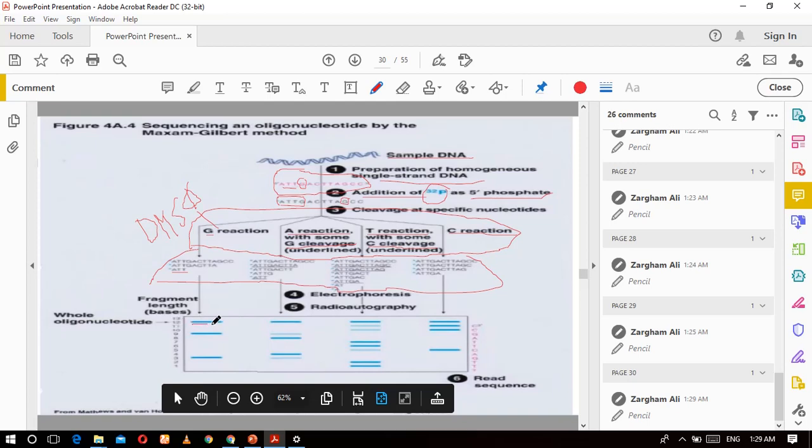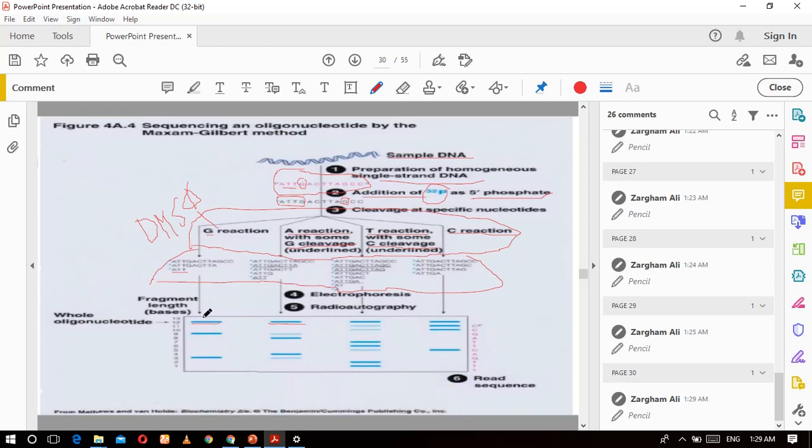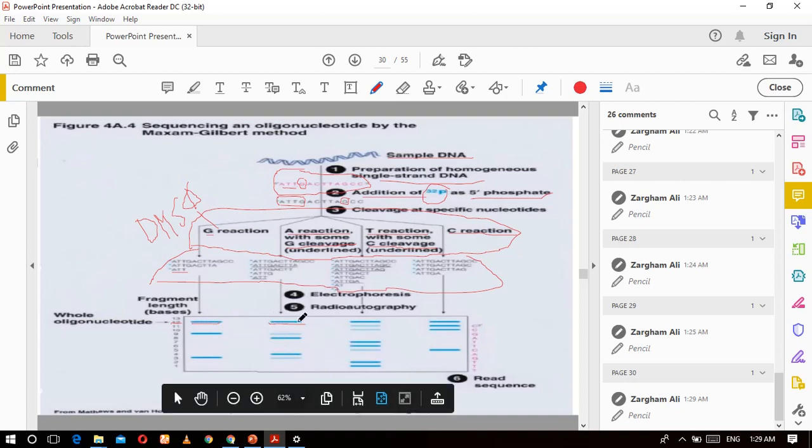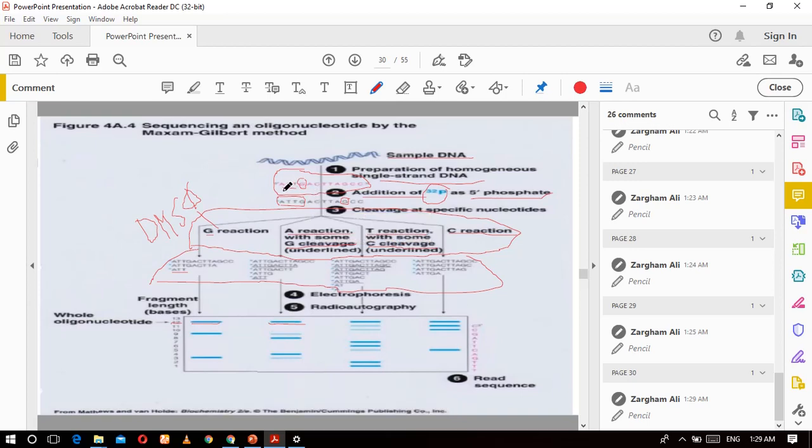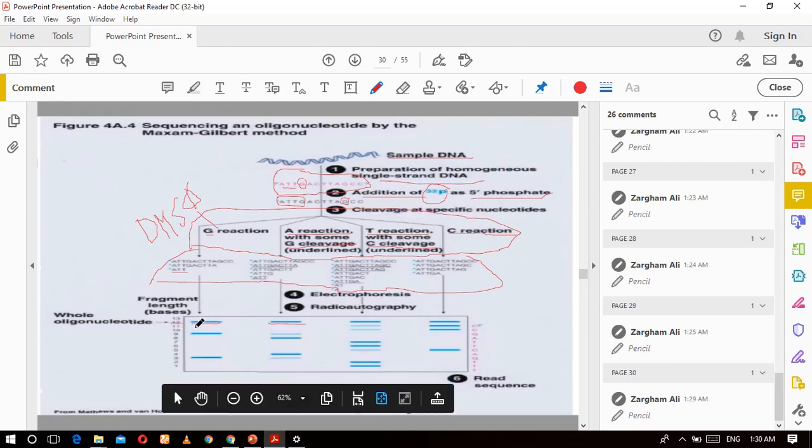This is a DNA fragment which was obtained, and its size is 12. It is 12 base pairs long. It is present in all four lanes because the sequence length is 12 base pairs. After this, at 11 we have two bands, where one is very dark and the other is comparatively light.